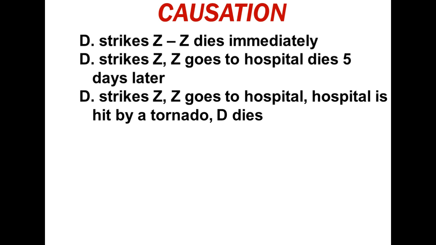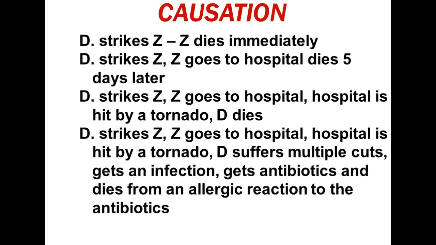But now things get a little more complicated. D strikes Z, Z goes to the hospital, is hit by a tornado, and dies. So in this instance, was there an intervening event which will break the causal link from D striking Z to Z's death? Well, that is to be resolved, as you'll see.